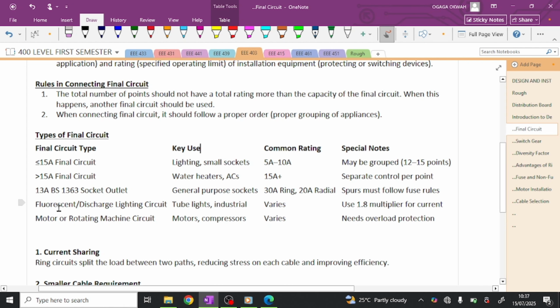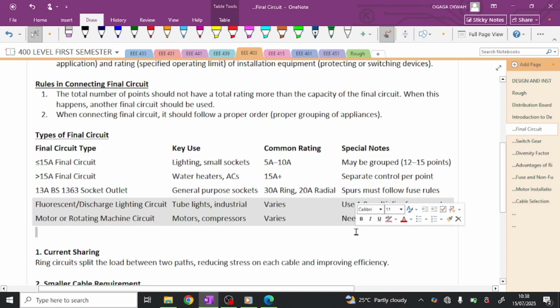Now for fluorescent discharge, you may not even include this part, but just consider these three: 1, 2, 3. Fluorescent discharge lighting circuits are for tube lights and industrial purposes.